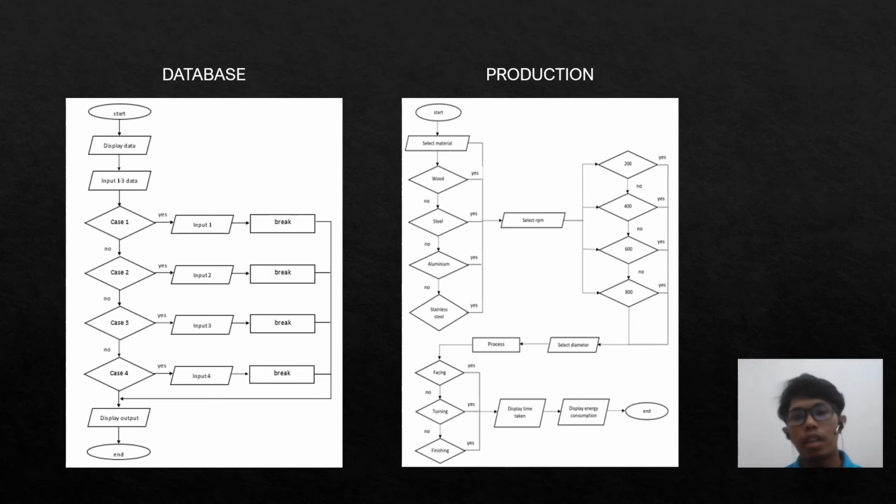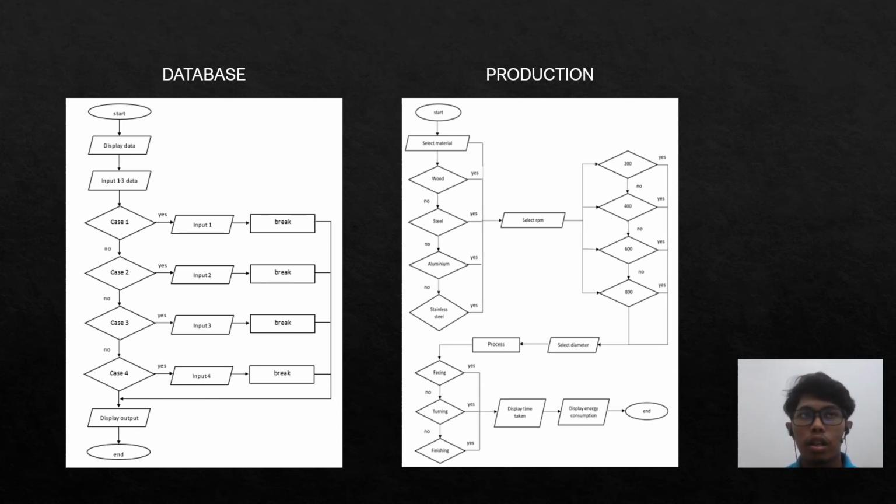At the right hand side flowchart, there is a production flowchart, which is referred to input 1, input 2, input 3, and input 4. From start we need to choose the material, and then select the RPM, whether 200, 400, 600, or 800 RPM, and then select the diameter.